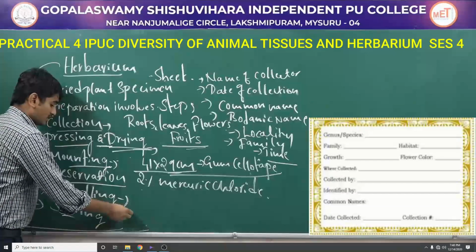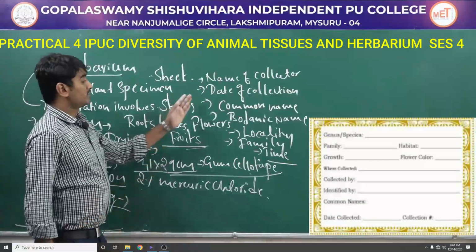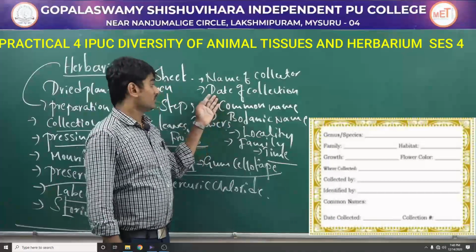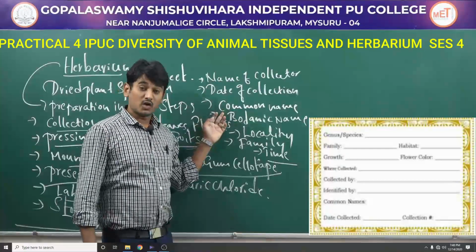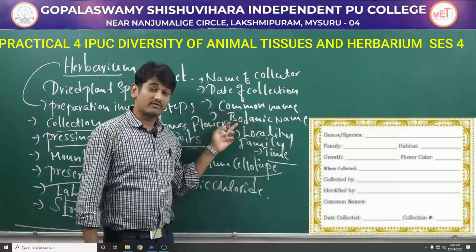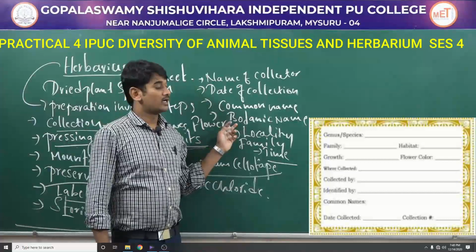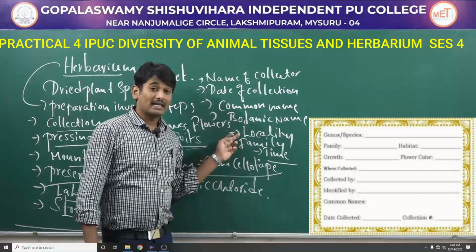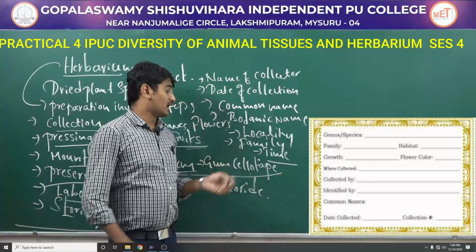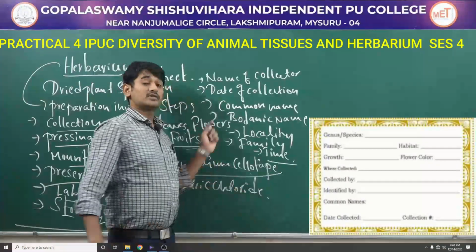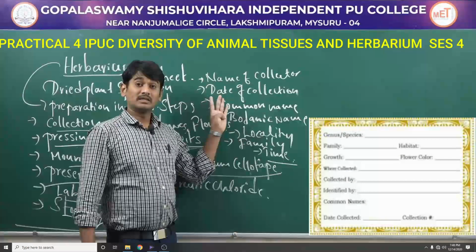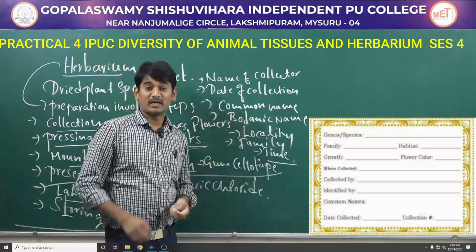So the labeling process includes the name of the collector, the date of the collection and time, the common name of the plant specimen, the scientific name, which means the botanical name, the locality and family and time. These are all the steps included in the labeling process.